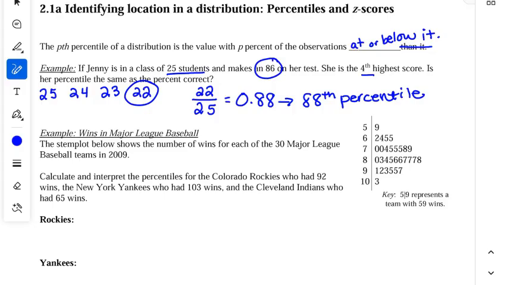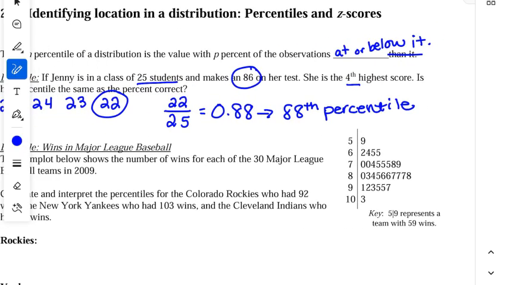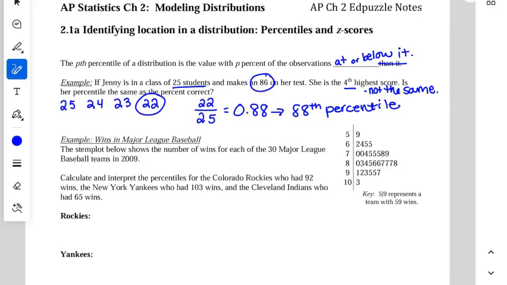So she is the 88th percentile. She made an 86, but her percentile is 88th. So those are not the same.